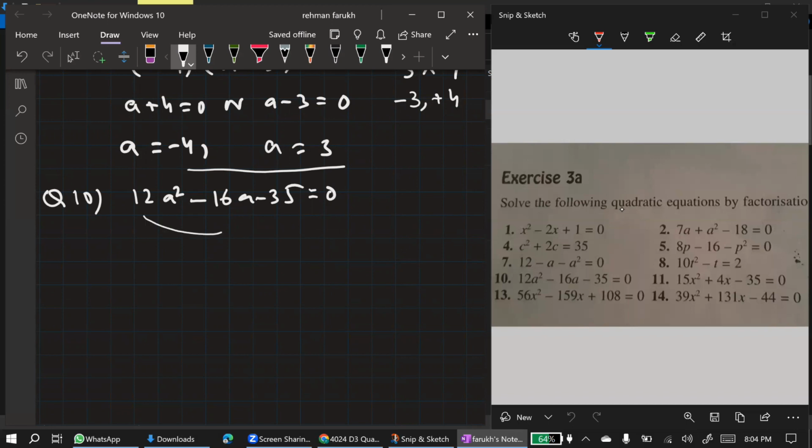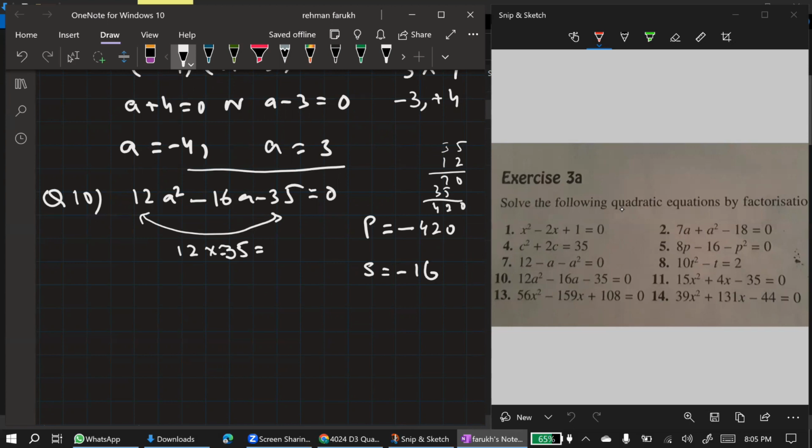Now we will multiply the coefficient of the first term with the last term. 12 into -35, how much is that? -420.